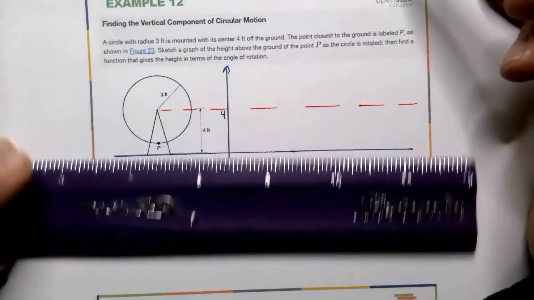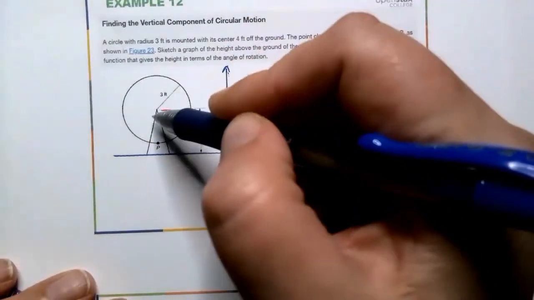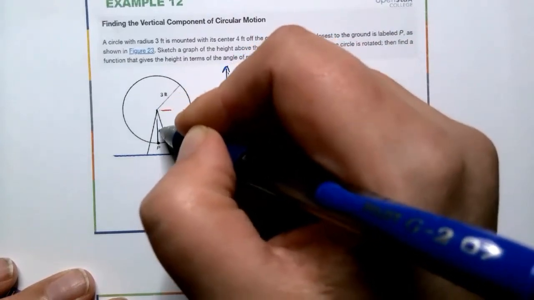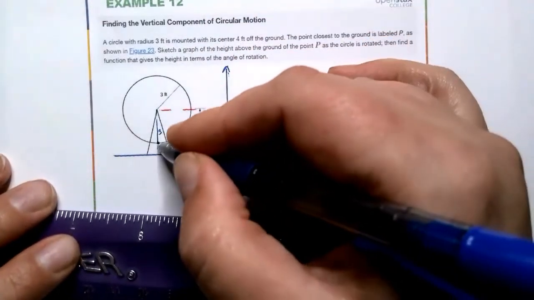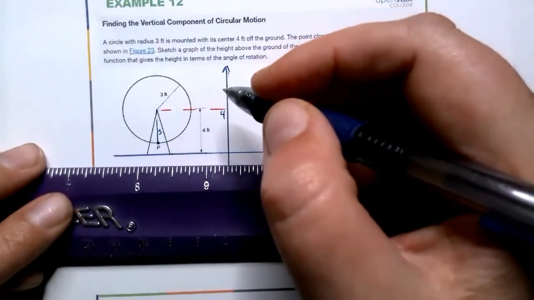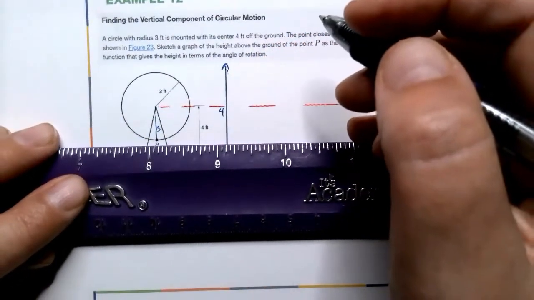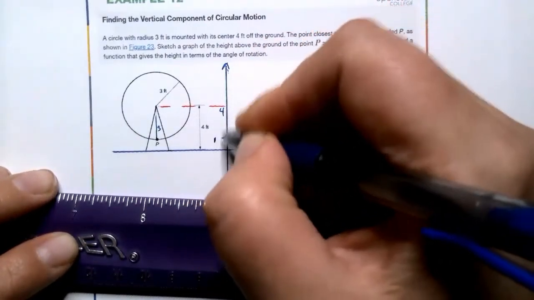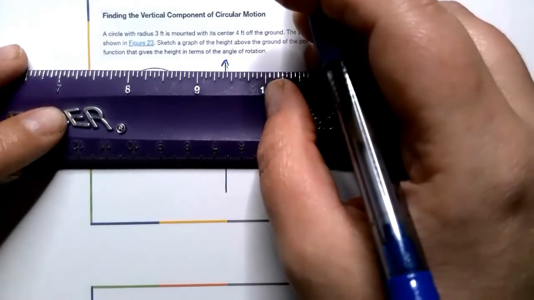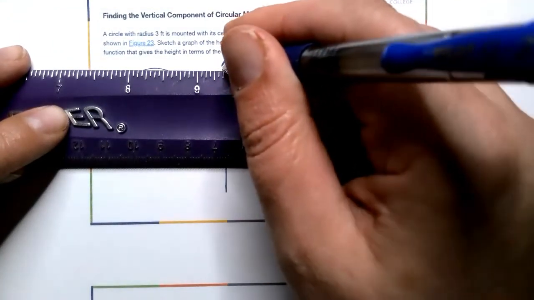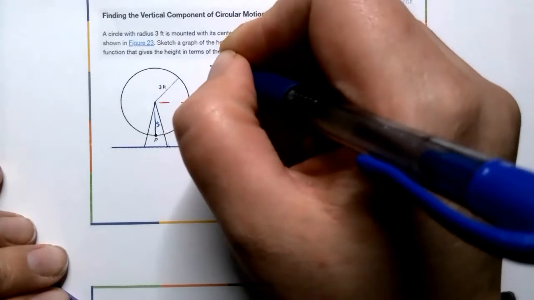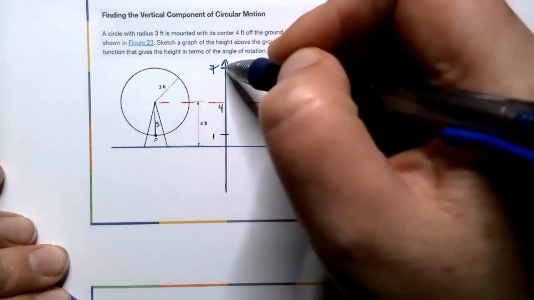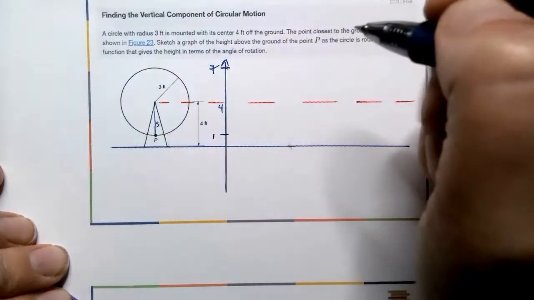Oh, sorry, we need to find it, actually. The center is 4 feet off the ground, but the radius here is 3. So this distance right here is 1, and this means that the highest point is 7. So our point is going to go from the lowest, 1, to the highest, 7.